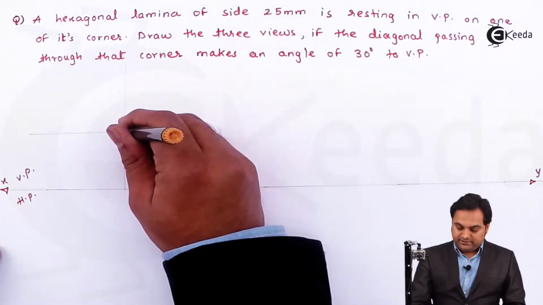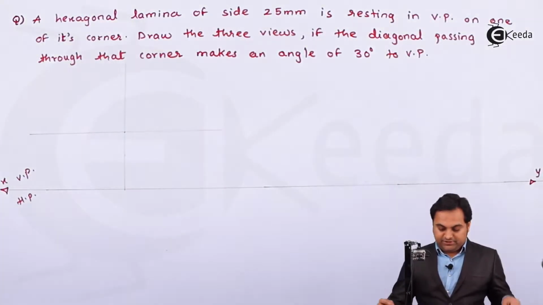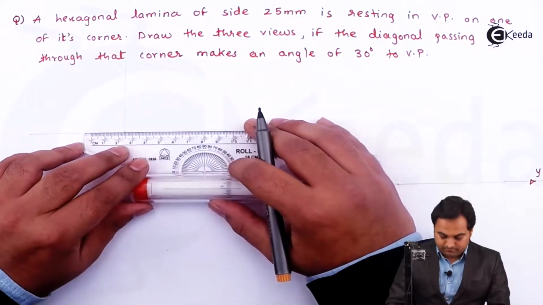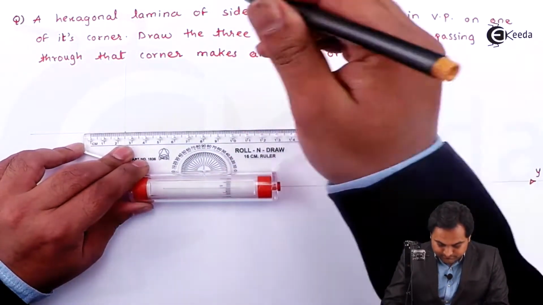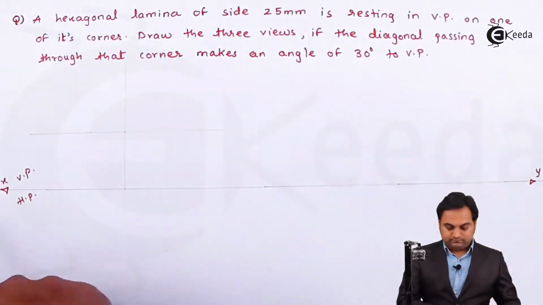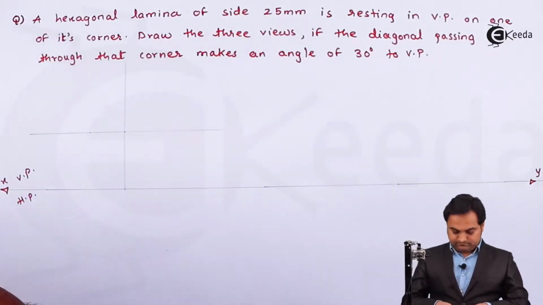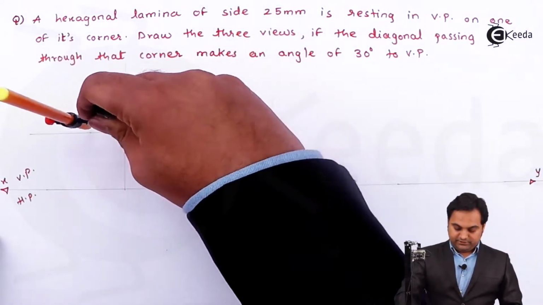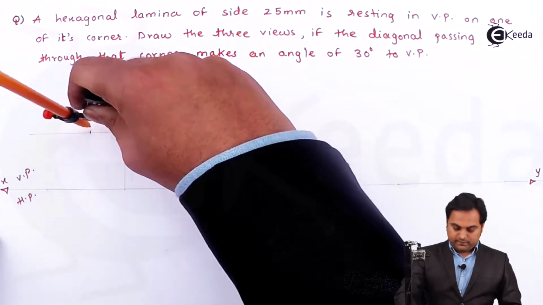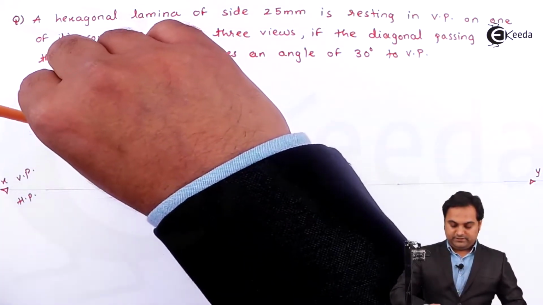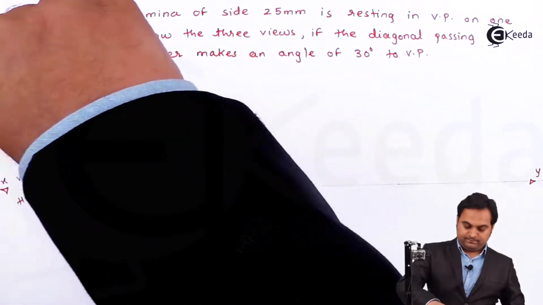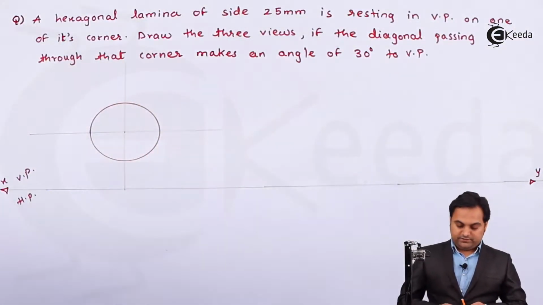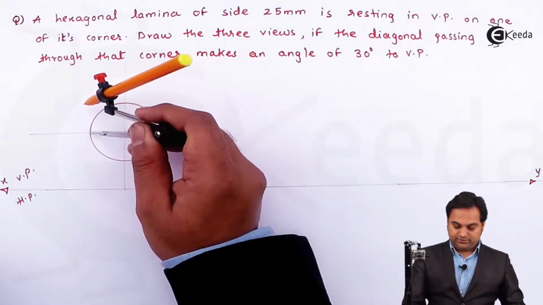So here I'll take this center and measure the radius as 25 mm. From the center, here I'll draw a light circle. Next, I want a corner here.